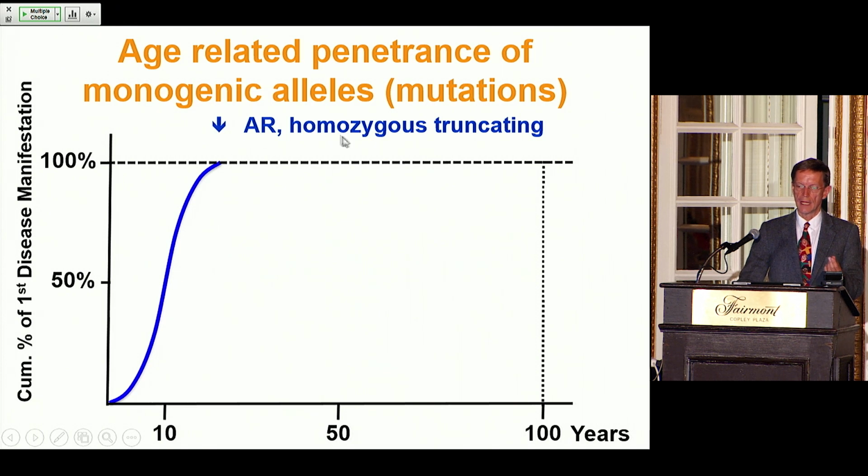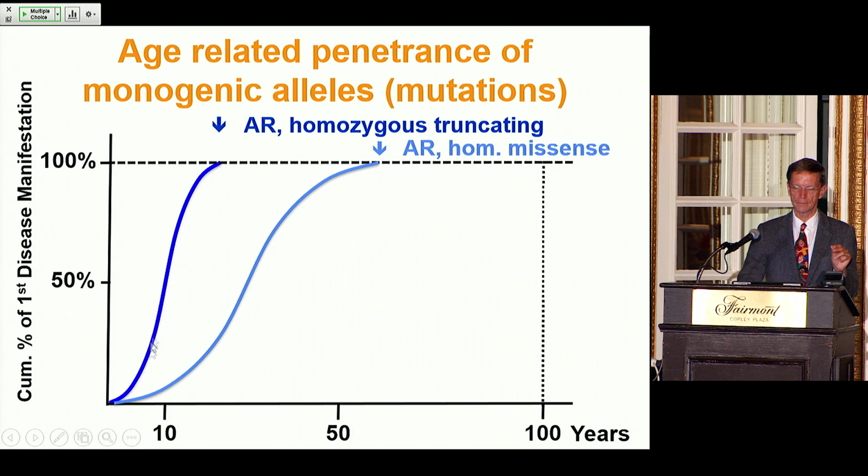If a patient has a homozygous truncating mutation, that means both copies of the gene truncate the protein so that there is zero function for this protein. If another patient has a mutation in the very same gene, this curve may be bent over to the right, and there may be a later average onset of disease. And that's actually the case in truncating mutations in podocin versus missense mutations that lead to early versus late onset FSGS.